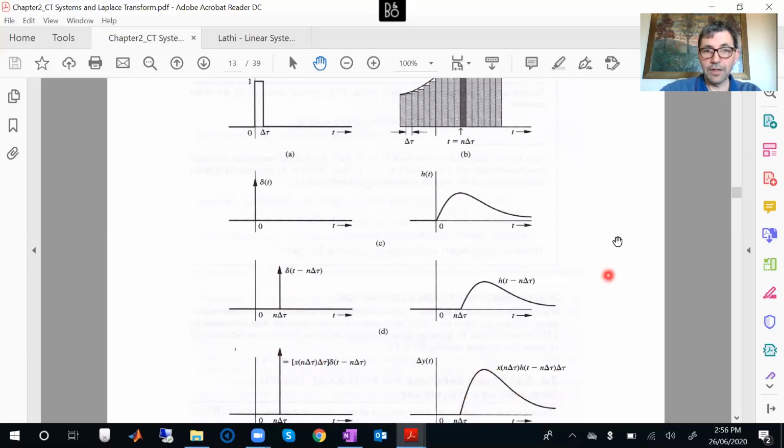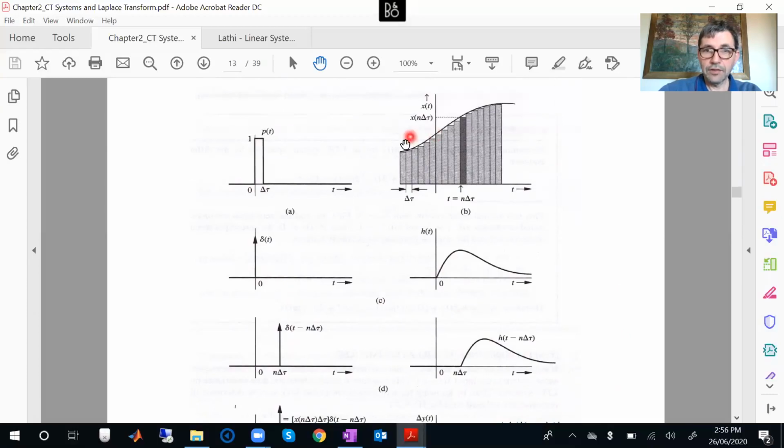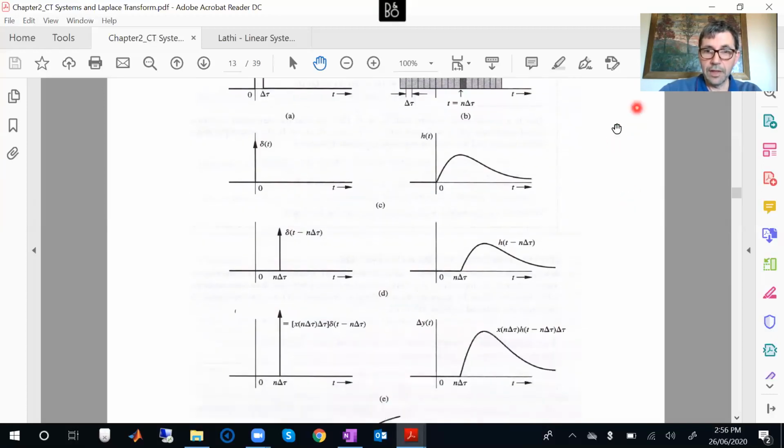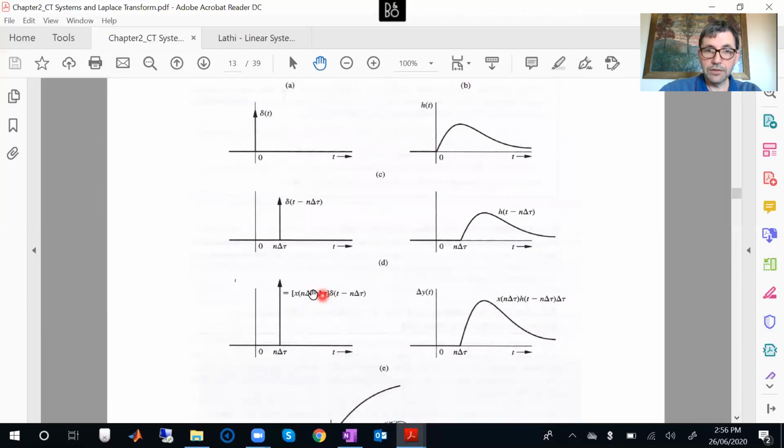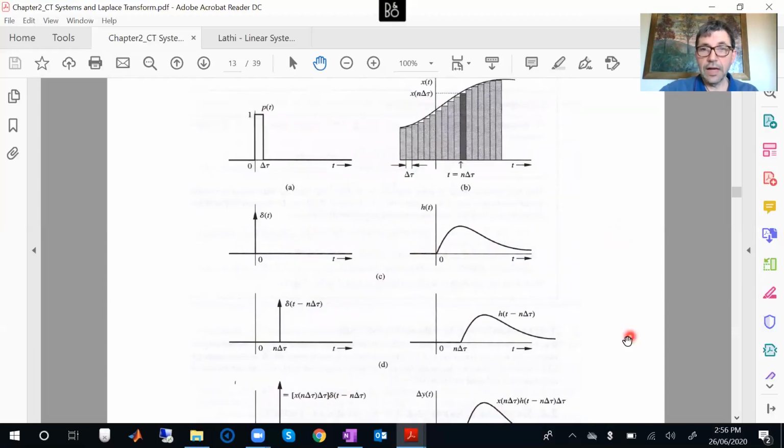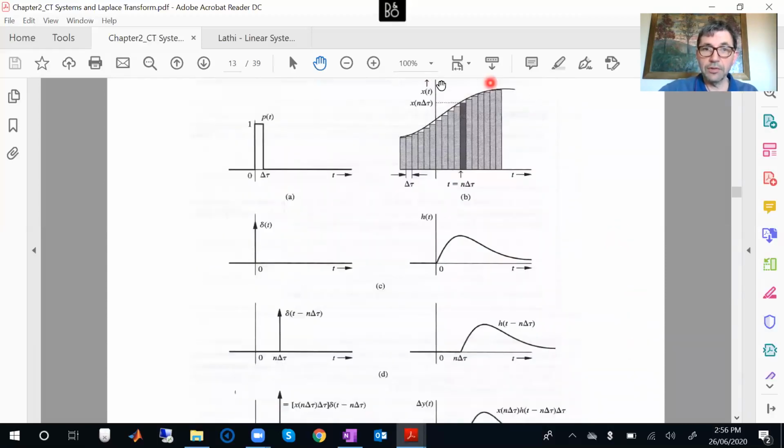Now, if x is synthesized as a linear combination of these impulses, and since the output to one of these impulses gives us the impulse response, then when we apply this to the system, since it's linear time invariant, we can say that the output of the system is the same linear combination of the responses of these pulses.